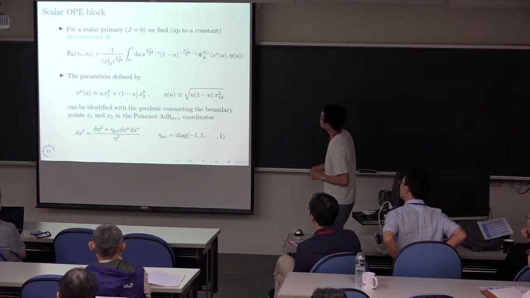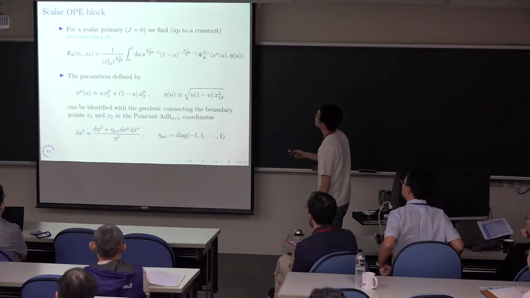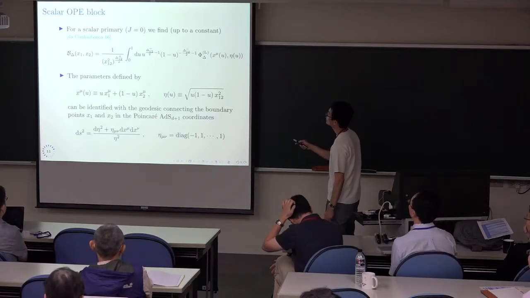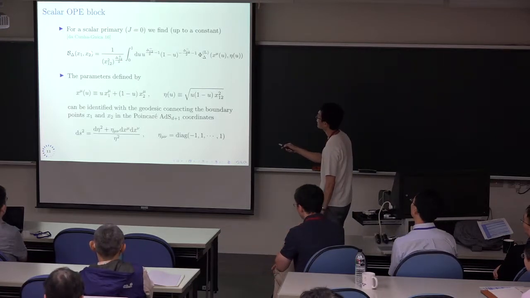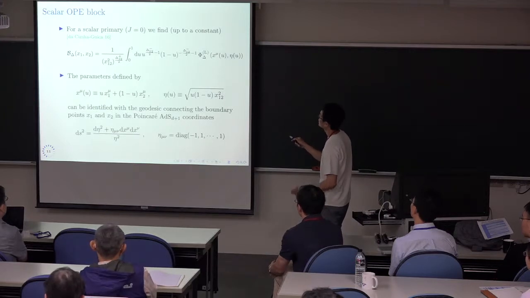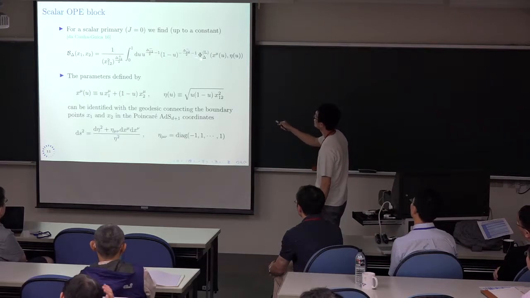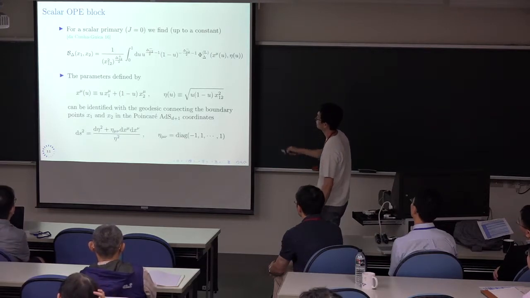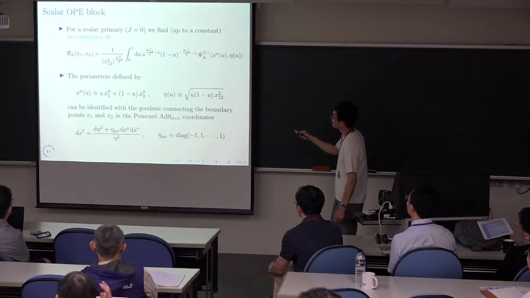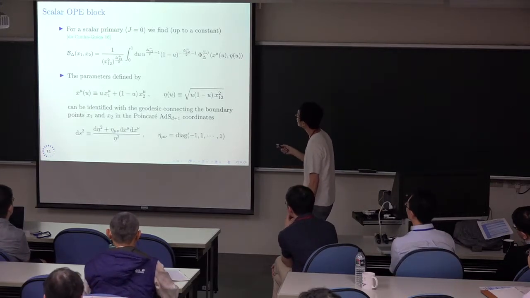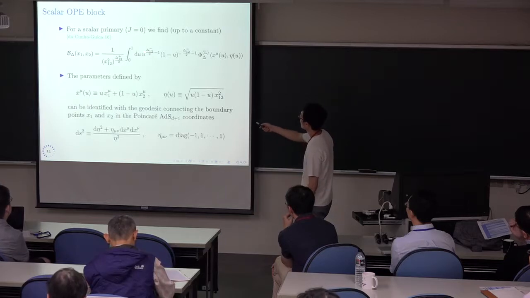So I just give you the result. For the scalar primary, when J is equal to 0, you find something like this. Here you have a bulk field phi_L, multiplied by some factor of u. This is actually equal to what you showed us in this talk, after the definition of u.